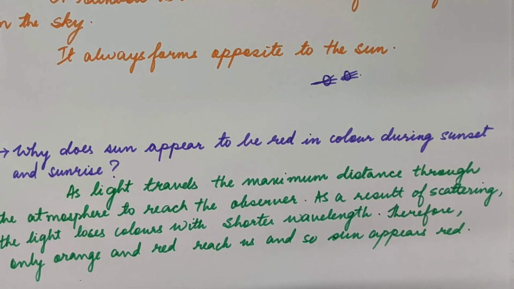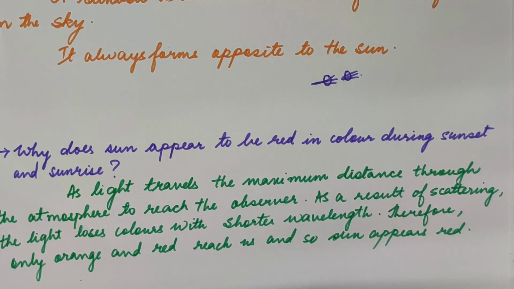Another very important thing that you should know about is why the sun appears red during sunrise and sunset. You might have seen, children, that the light is traveling the maximum distance through the atmosphere to reach the observer, right? And what is happening on the way? Scattering of light.